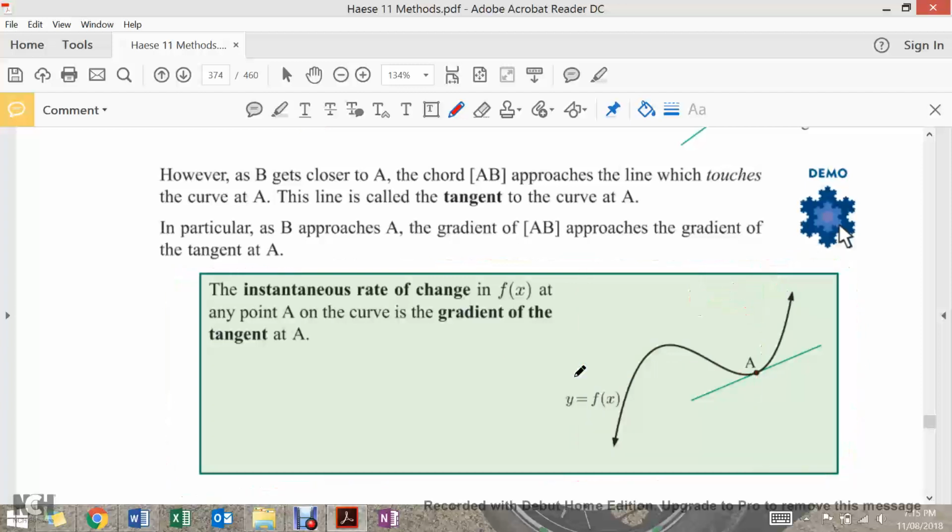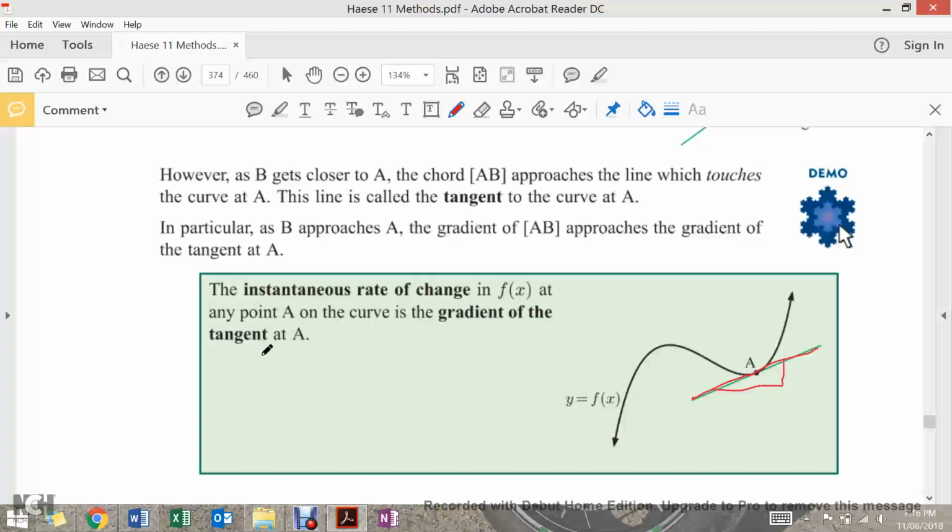And the instantaneous rate of change in our function at any point A is the gradient of the tangent at A. So the slope of this tangent. So basically, you find point A, you draw a tangent line through point A, and then you get the slope of that line.